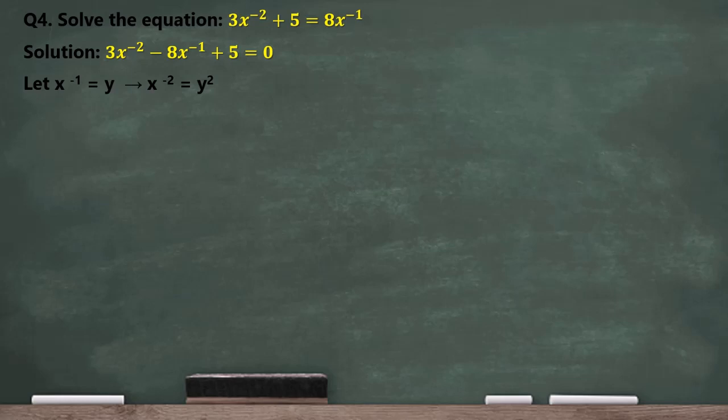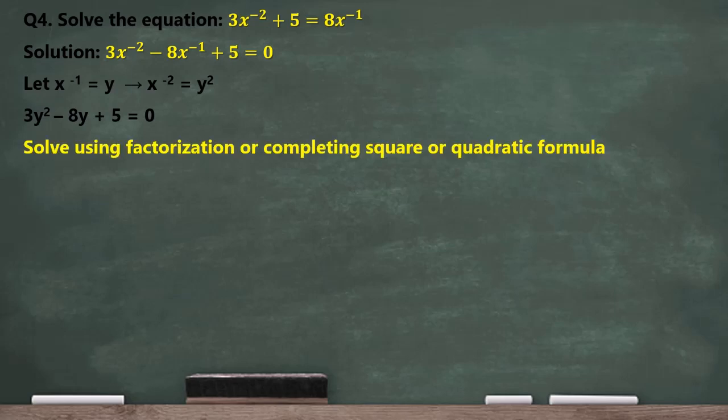So if we take a square on both sides, that is x raised to the power minus 2 equal to y square. So our reducible equation into the general or standard form of a quadratic equation is 3y square minus 8y plus 5 equal to 0. Student, you can use factorization, completing the square method, or the quadratic formula.